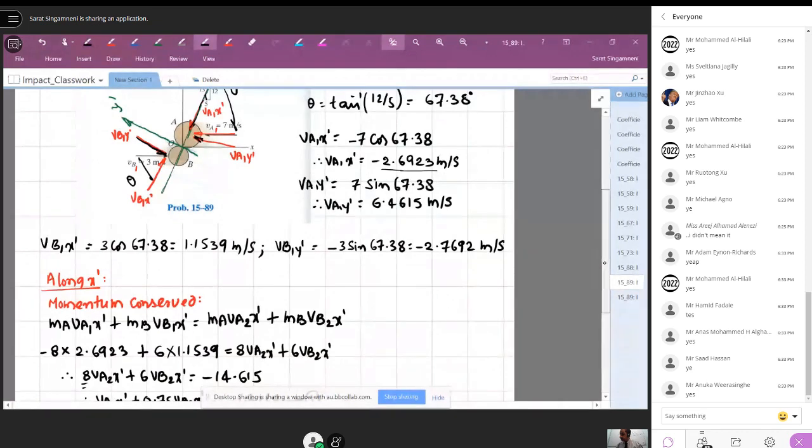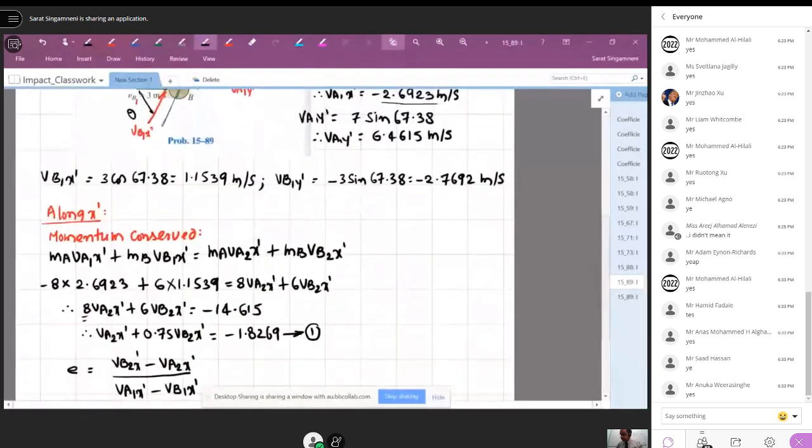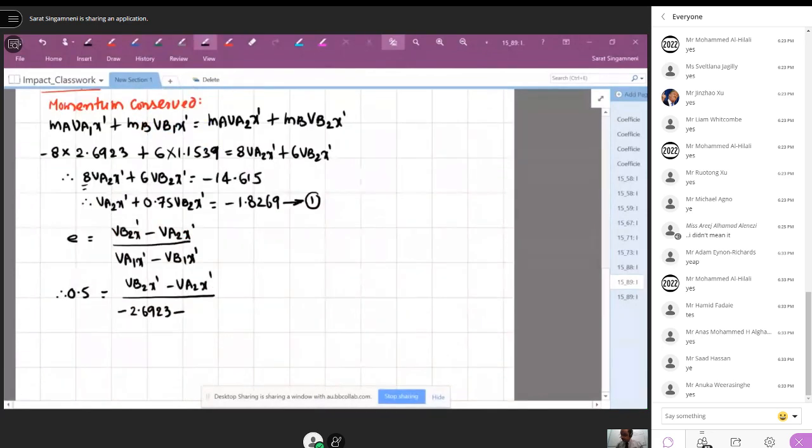If it is negative, substitute negative, minus 2.6923, minus VB1 x dash. VB1 x dash is positive, this one. Substitute that: minus 1.1539.